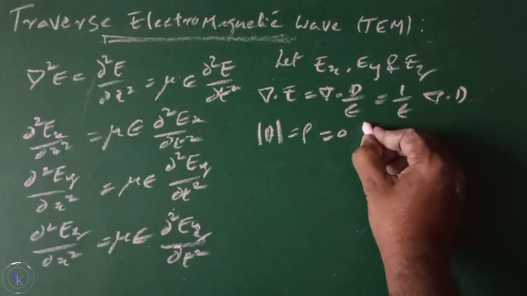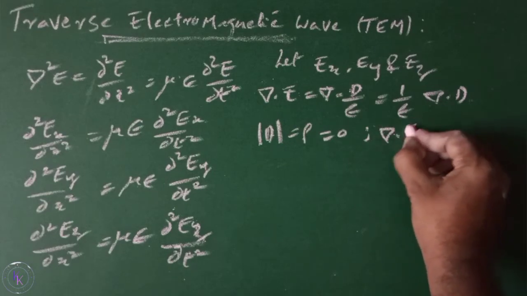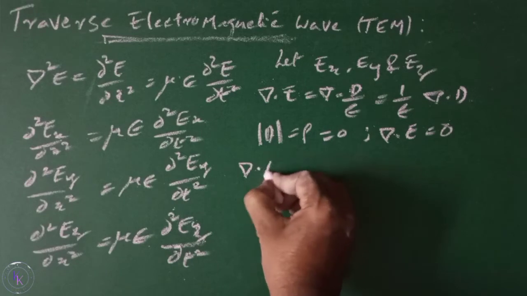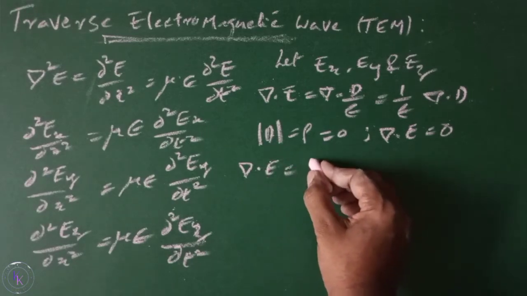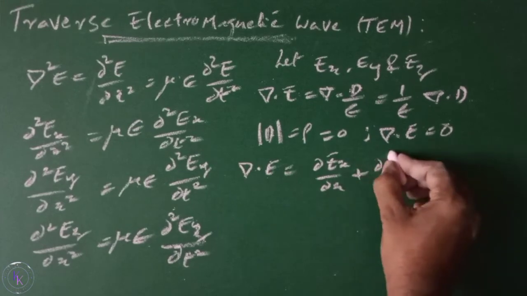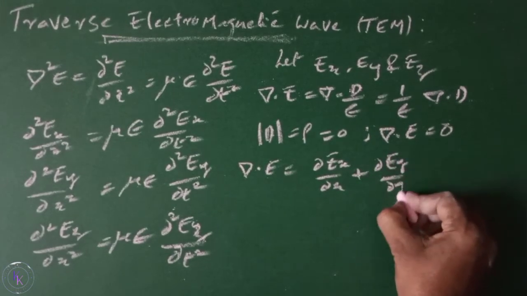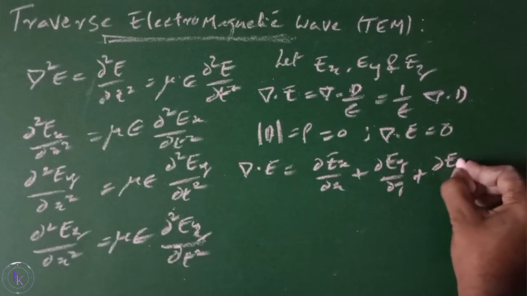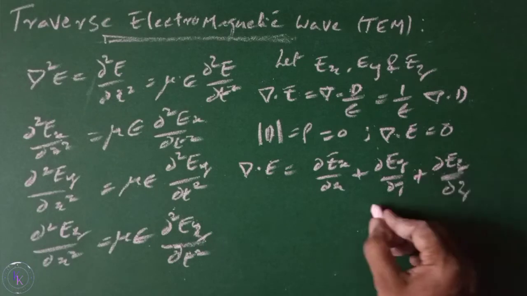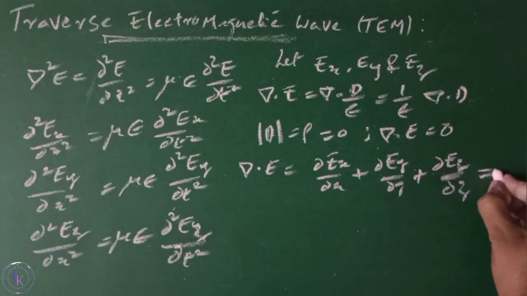Then the above equation gives del dot E equals 0. Now we have del dot E equals ∂Ex/∂x plus ∂Ey/∂y plus ∂Ez/∂z. This is by the definition of divergence. Then this equals 0.